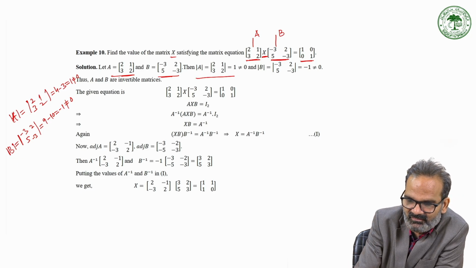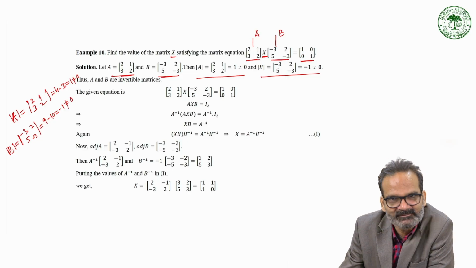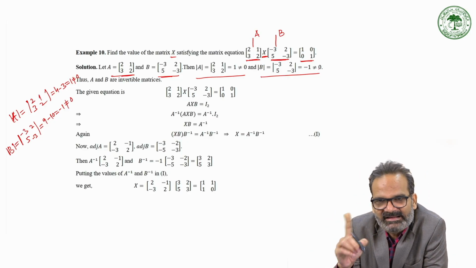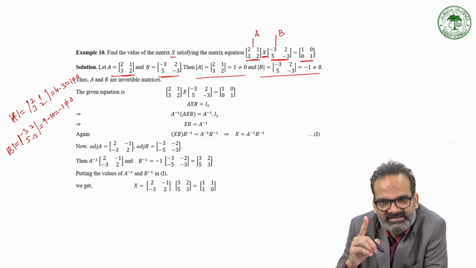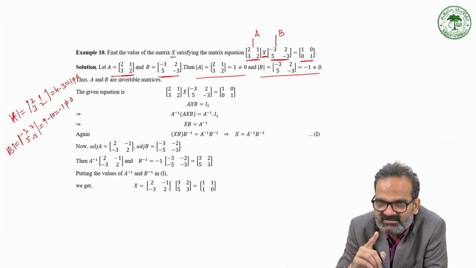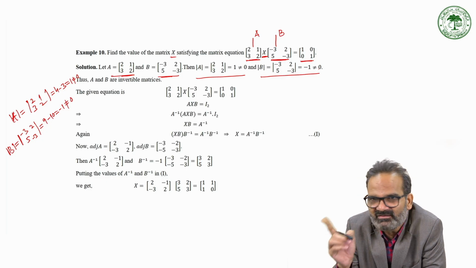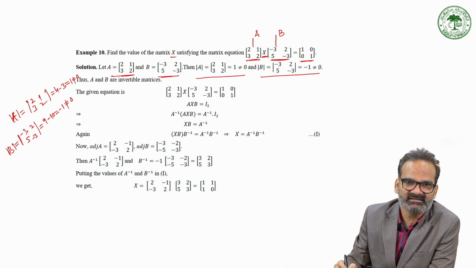So the determinant of A is not equal to 0, and the determinant of B is not equal to 0. This shows that both A and B are invertible. If the inverse of a matrix exists, we call such a matrix an invertible matrix. So both are invertible, meaning A inverse will exist as well as B inverse, right?